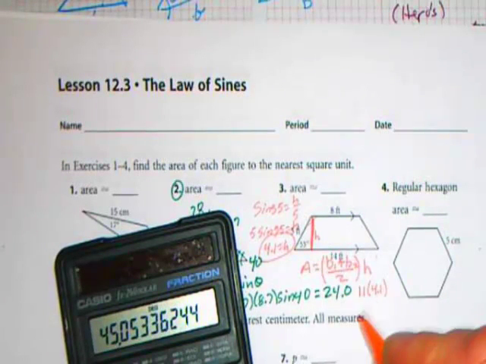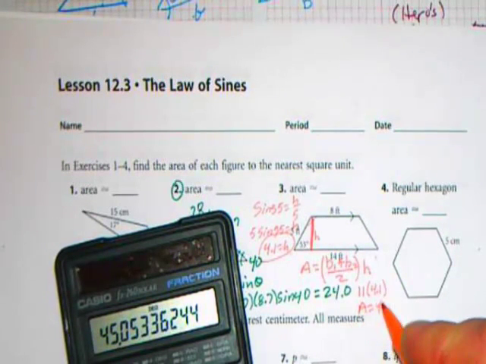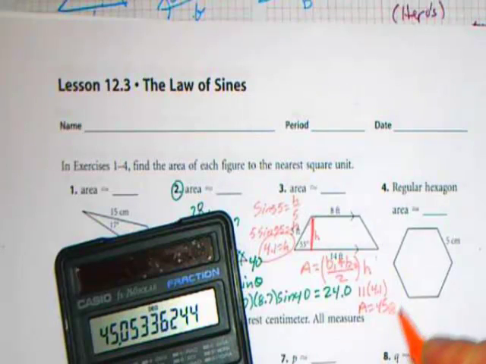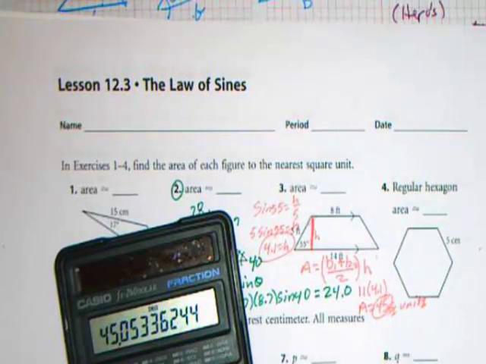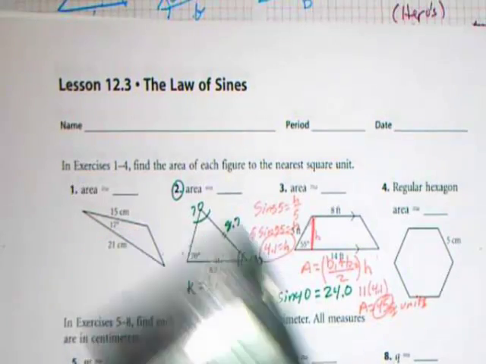Gives us 45. So this one's a little bit different. I just couldn't right off the bat see a law of sines way of doing that. So we can use the formula for the area of a trapezoid on that one.